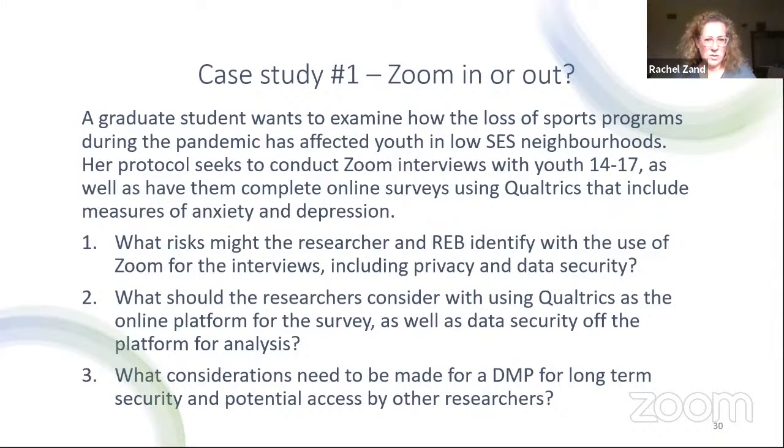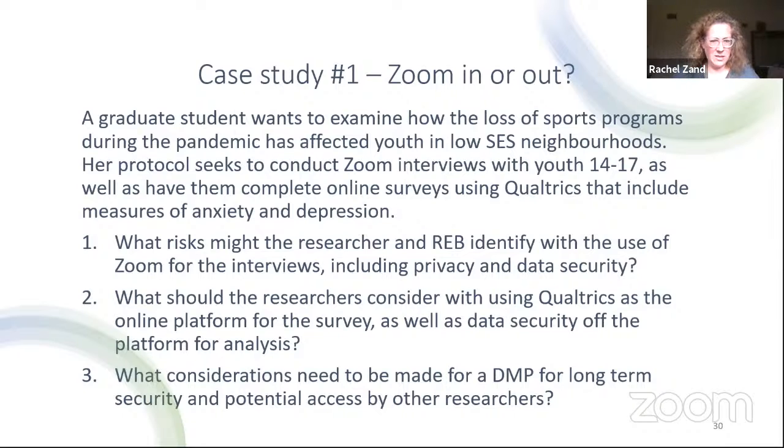A graduate student wants to examine how the loss of sports programs during the pandemic has affected youth in low socioeconomic status neighborhoods. Her protocol seeks to conduct Zoom interviews with youth 14 to 17, as well as have them complete online surveys using Qualtrics that include measures of anxiety and depression.